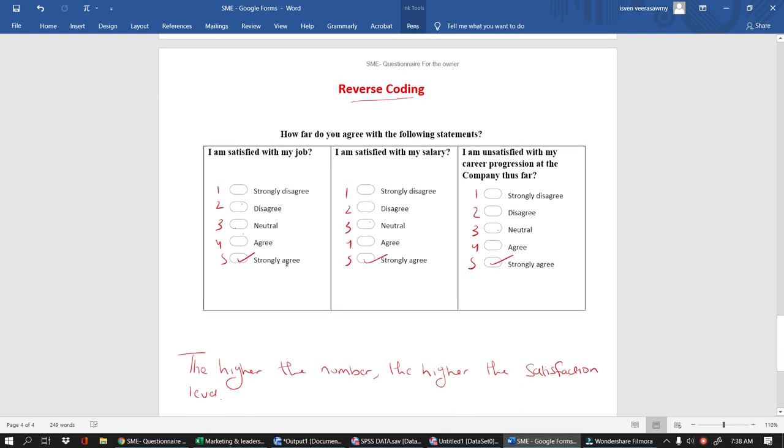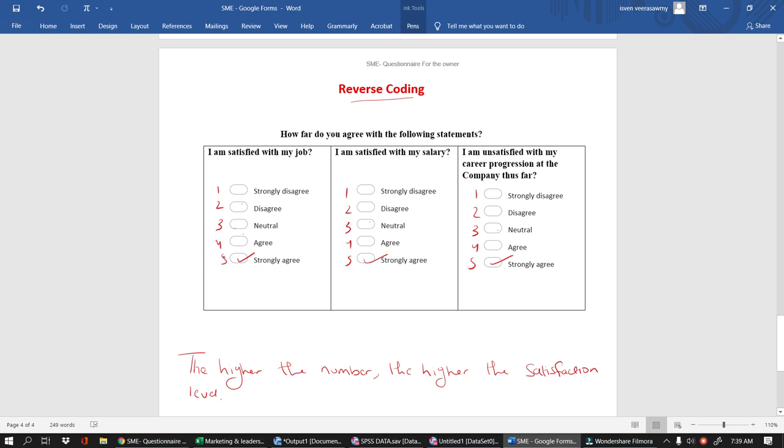Let's say we have checked the number 5. What would the number 5 represent here? A higher number would represent a higher satisfaction level. In this example, I'm satisfied with my job, and if I've checked strongly agree, it means that I strongly agree that I'm satisfied with my job.